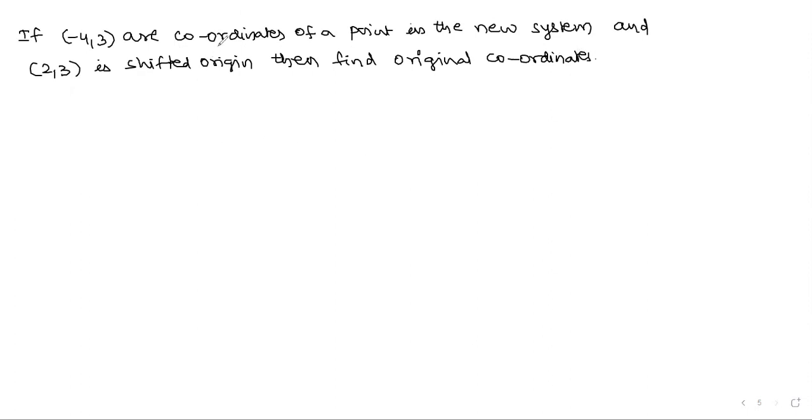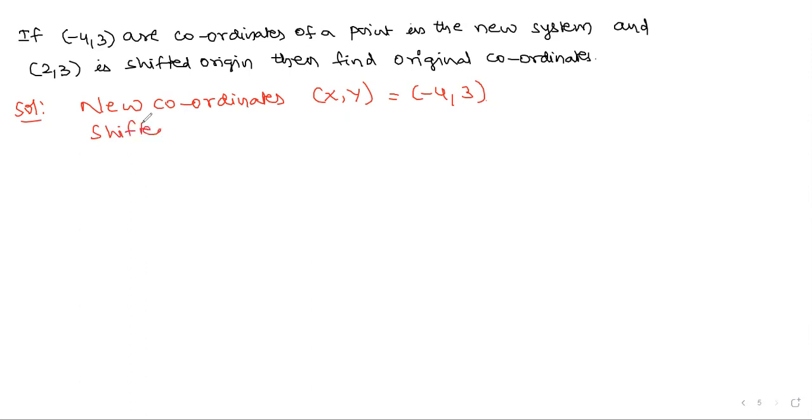So here, what is given? New coordinates are given. The new coordinates capital X, capital Y equal (-4, 3), and the shifted origin h, k equals (2, 3).